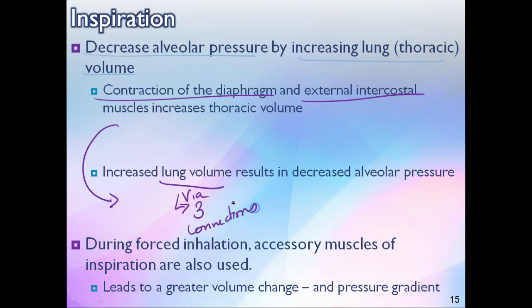The three connections being the diaphragm and parietal pleura being connected via the transmural pressure gradient, the parietal pleura and visceral pleura being connected via the adhesion and cohesion of our pleural fluid, and finally, the visceral pleura and lungs being connected again by the transmural pressure gradient. Once the lung volume has increased, the alveolar pressure will decrease and air will flow in.